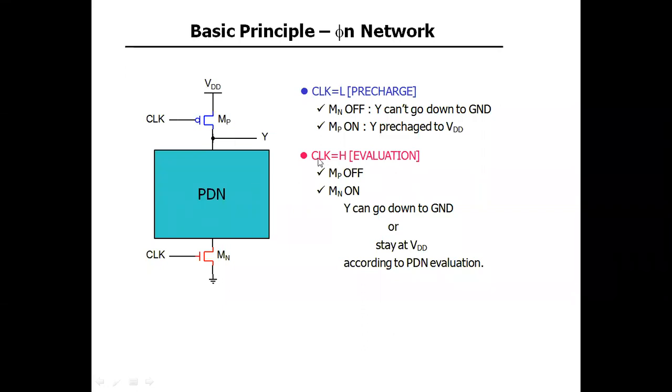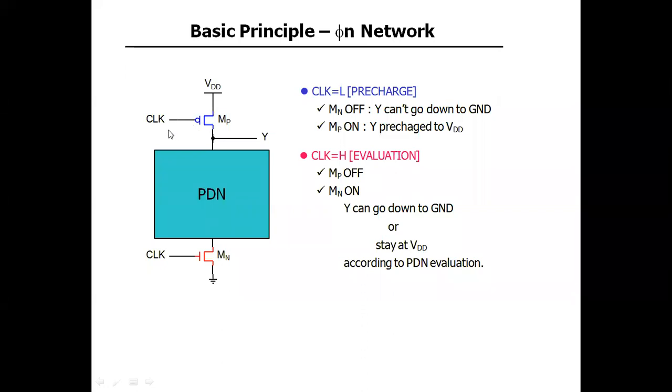And the clock is at H, H for high and L for low, right? When the clock is low, only MP is on and Mn is off. That means one is a closed switch and the other is an open switch. So Y will pre-charge to 1, and this Y can't go down because it is a total open circuit.